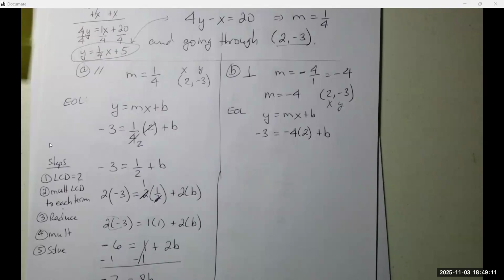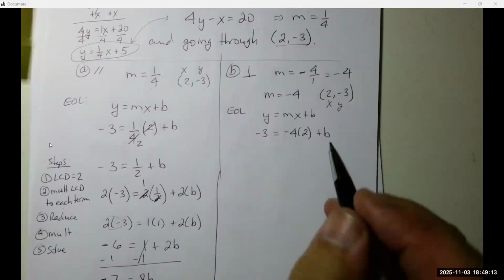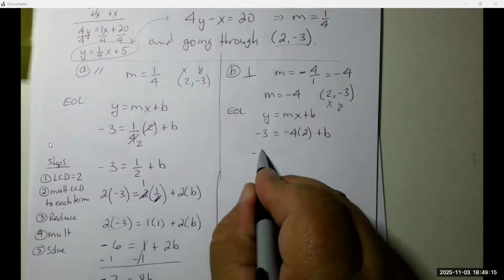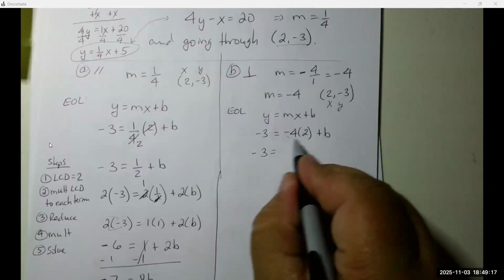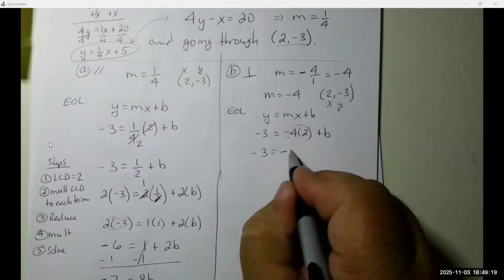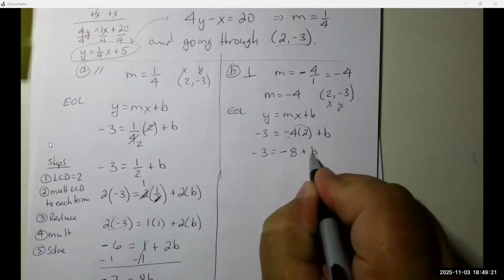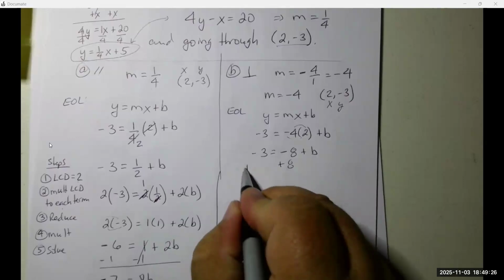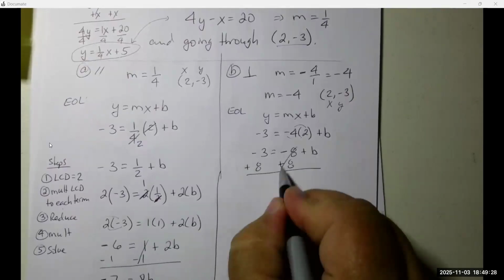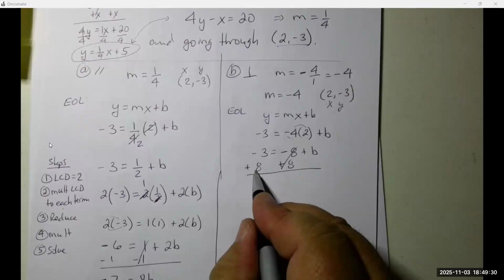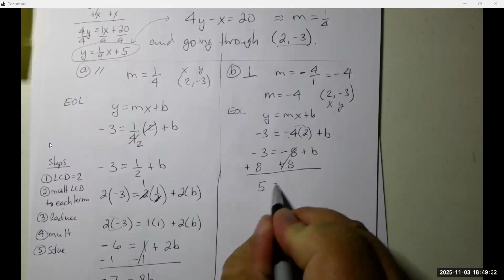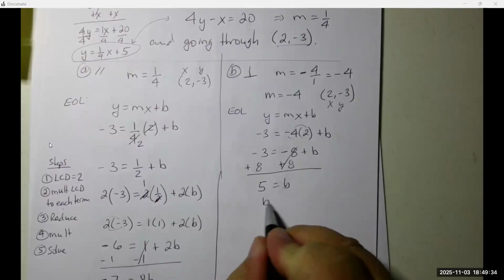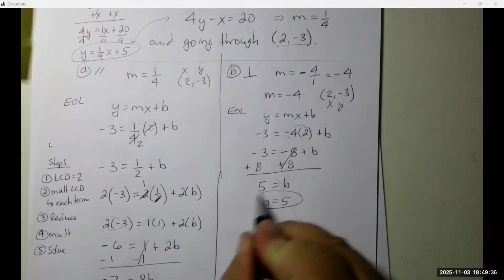I just put those in their places. Now work it out. Since there aren't any fractions, negative times positive is negative. 4 times 2 is 8. No fractions, so we just go ahead and work it out. 8 minus 3 is 5. So b is equal to 5.